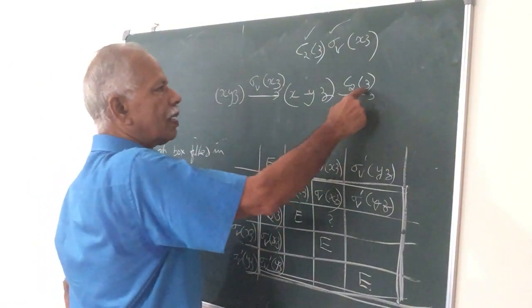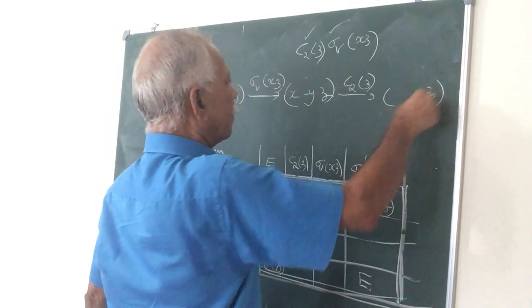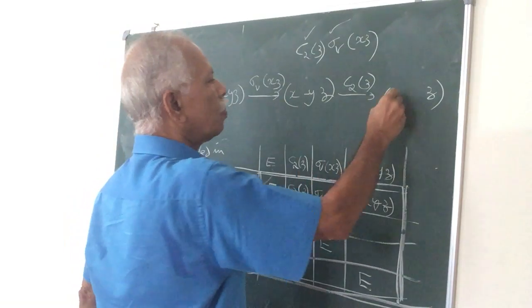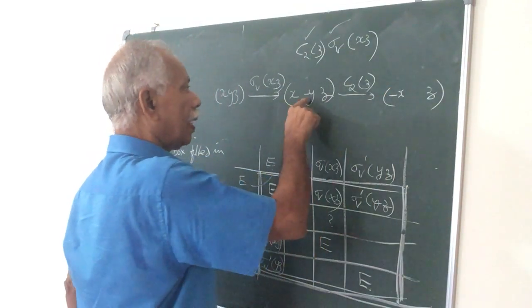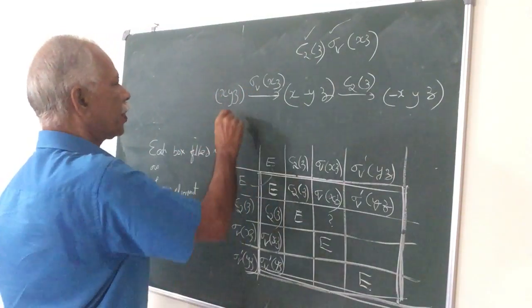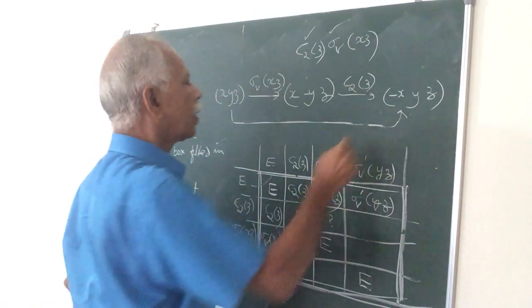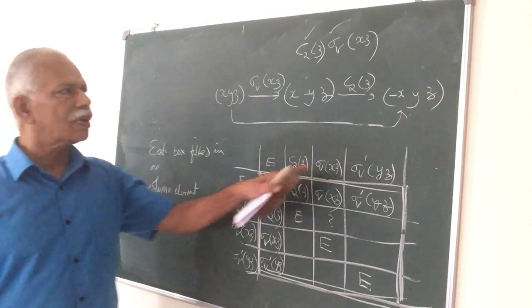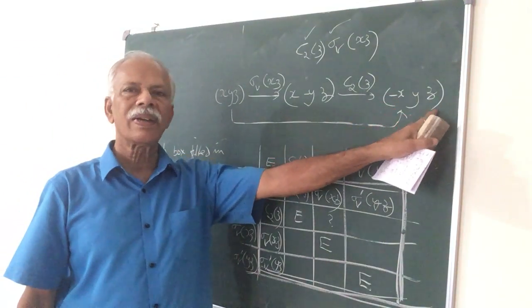So z will not change, and x will change to minus x, and minus y will change to plus y. Now what is a single operation that can convert x, y, z to minus x, y, z?